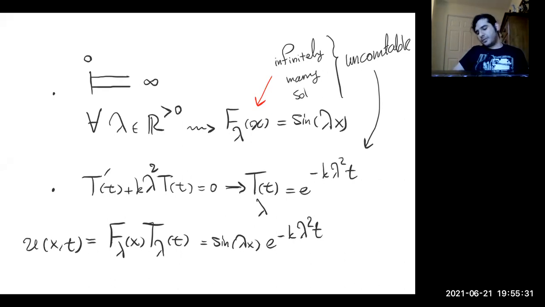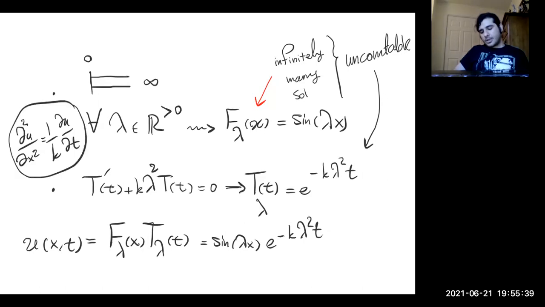The equation we had for u was the second derivative of u with respect to x is equal to 1 over k times the derivative of u with respect to t. Each of these things satisfies that. For each lambda, we get one solution for this equation. In order to differentiate them, I add this index lambda.